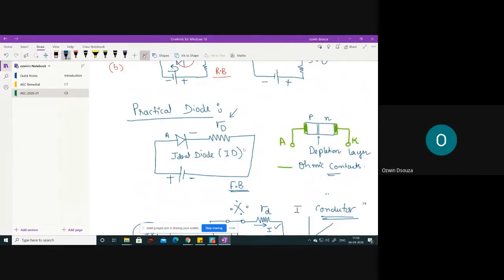Now what is this barrier potential? This barrier potential is due to the immobile charge carriers present in the depletion layer. These immobile charge carriers found in the depletion layer give rise to something known as barrier potential.